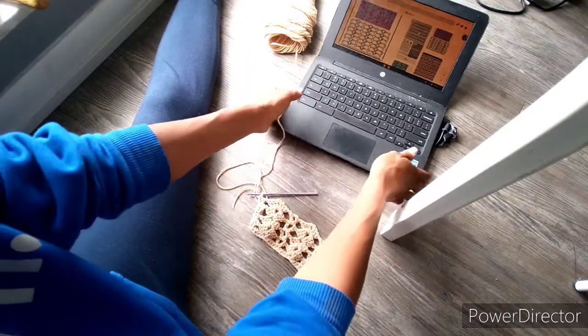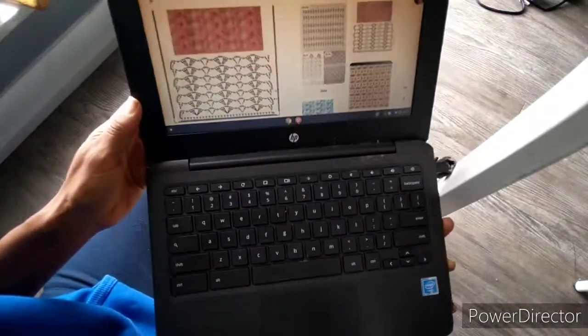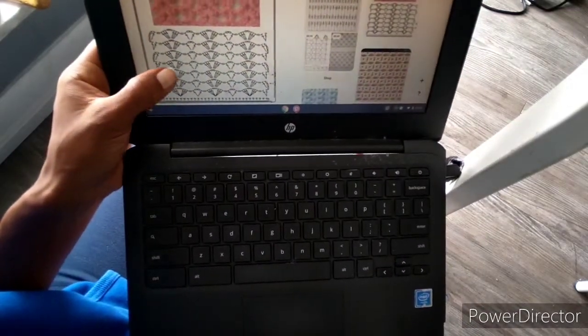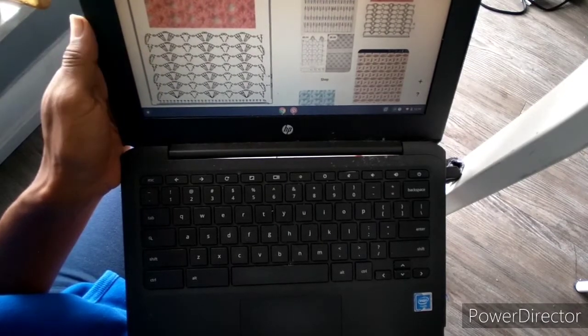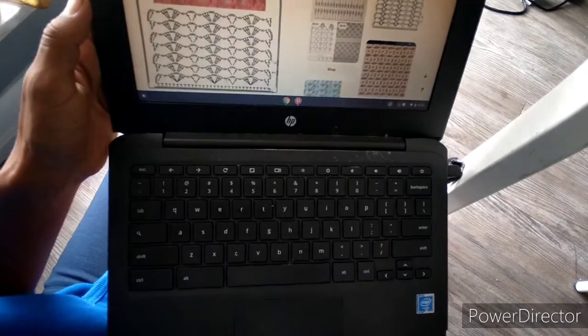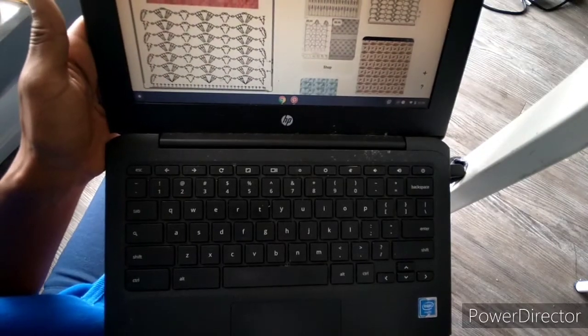Okay, as you can see here, they kept going and going and going. We did 4, they did 7 rows. However, this is what the diagram looks like.